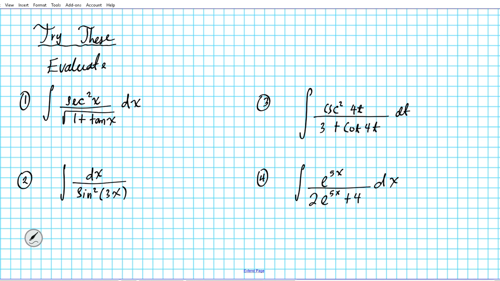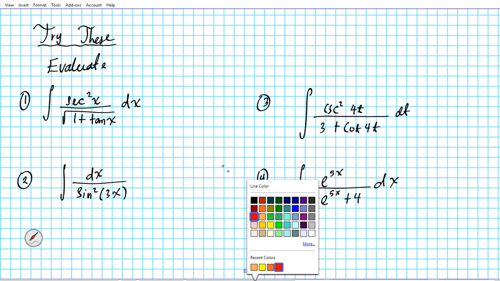Alright, so hopefully you had a chance to try out these 4 problems. The answers are as follows. For question number 1, the answer is 2 times (1 plus tan x) raised to the 1/2 plus c. Number 2, the answer is negative 1/3 cotangent 3x plus c.